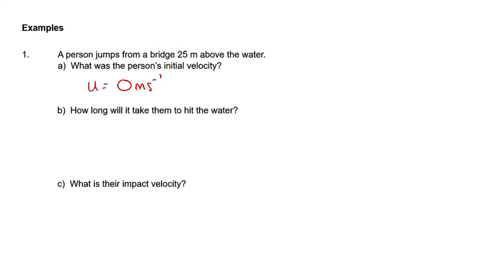So we do this type of question the same way we did them last lesson. The first thing we do is we choose a direction as positive. The person's just going from the bridge straight down into the water. So I'm going to go with down as positive for this one. And then we write out our variables.